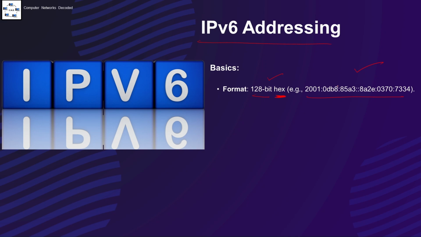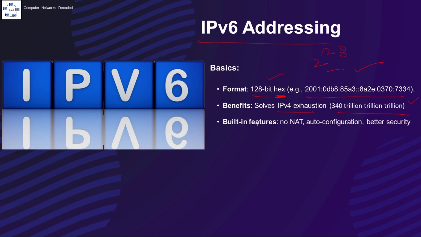If you count all these bits, they will be equal to 128 bits. The benefit is that it solves IPv4 address exhaustion, and if you calculate the total number of IPv6 addresses, it is about 340 trillion trillion trillion. I don't even know this number. It is a huge number, and it is sufficient for the foreseeable future.